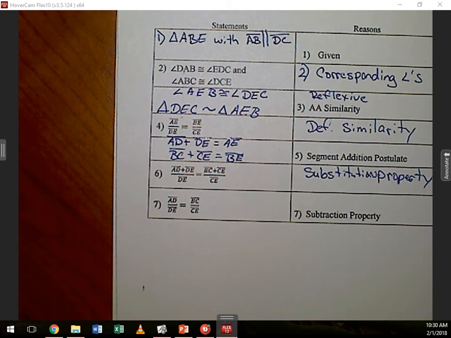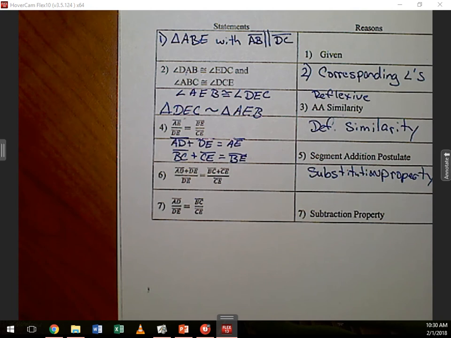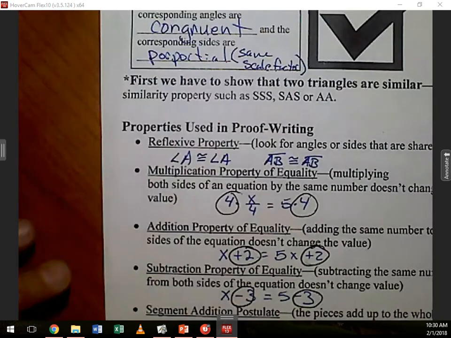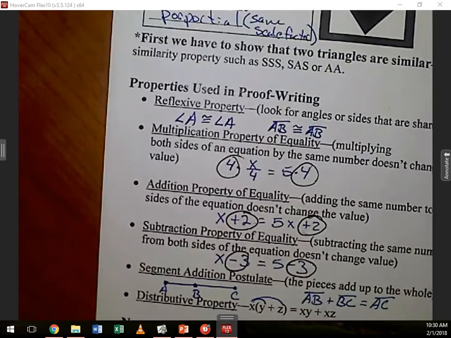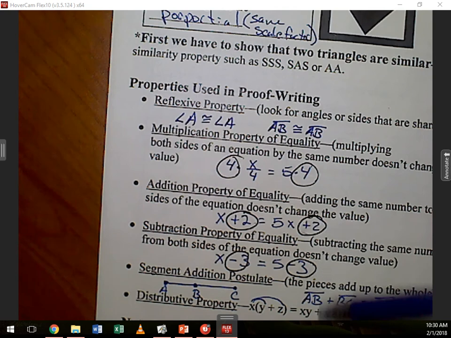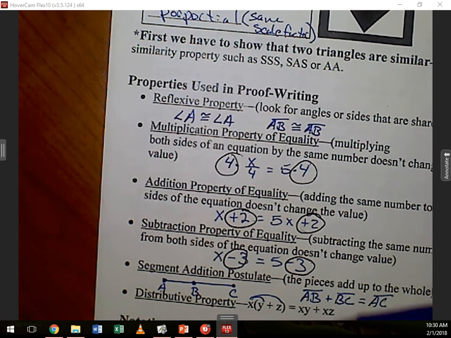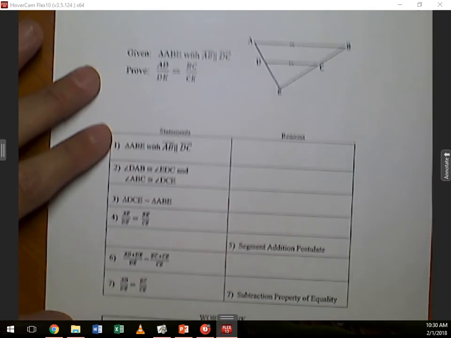Now, your test is going to look a whole lot like this. It has a word bank. It has everything you need for this. You're just going to fill in what you have. You have a checklist. The checklist is going to give you a lot of the stuff already of how this goes in. So if I'm looking at my practice, if you could please, let's take a look at that real quick. My practice right here, which is page 24.